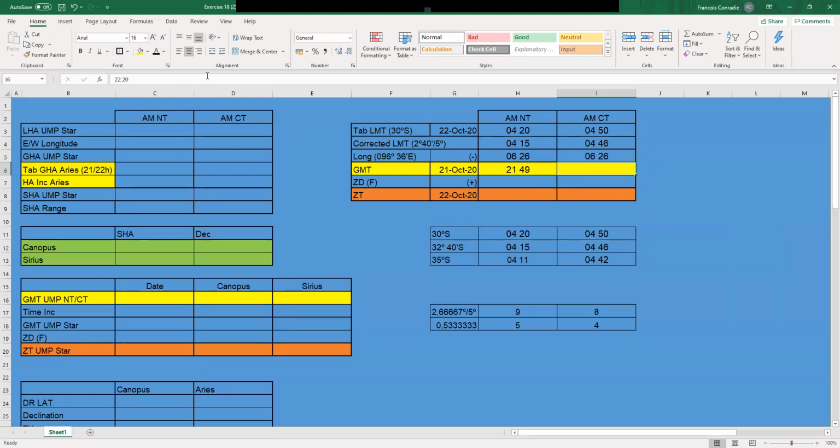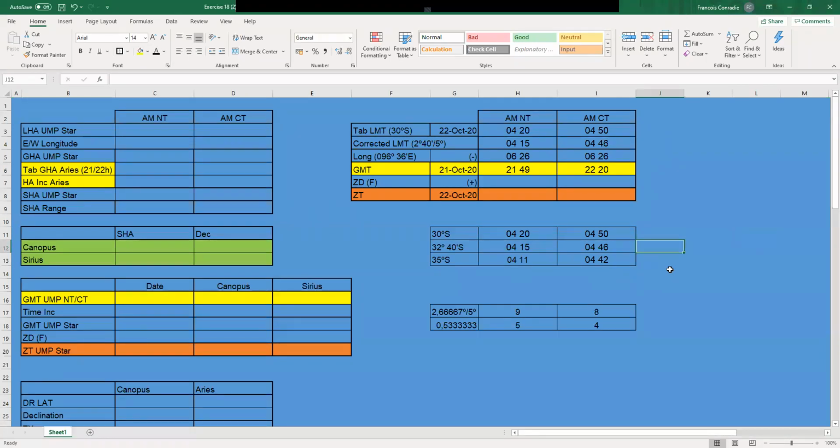So for nautical twilight you're going to get 21:49, and for civil twilight you're going to get 22:20. That'll be on the evening of the 21st. Everyone happy with that? Yes, sir.